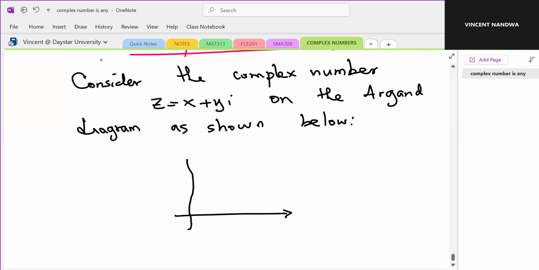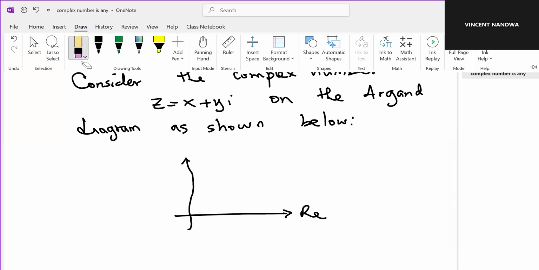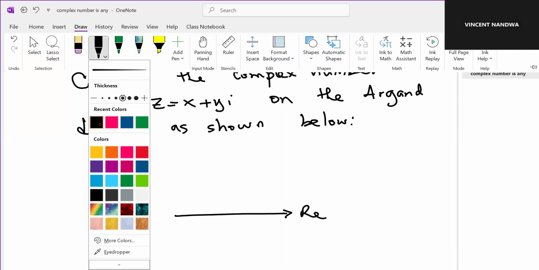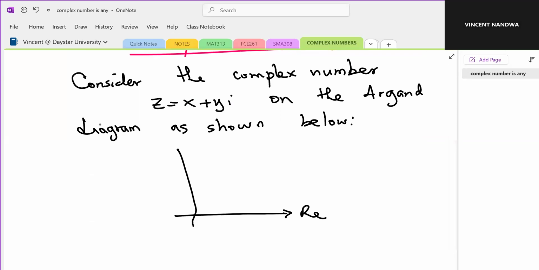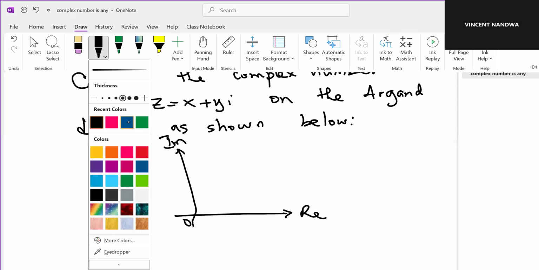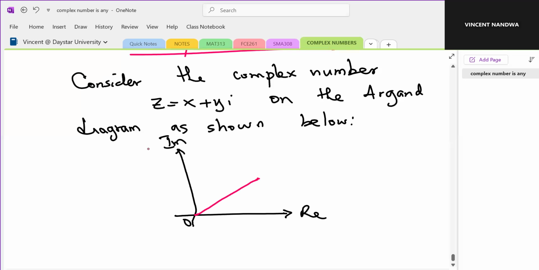Let this be the real axis. So this is the imaginary axis. And then let Z be at this point. So let this be where we have our Z number.